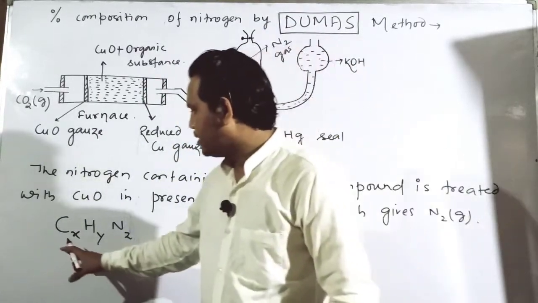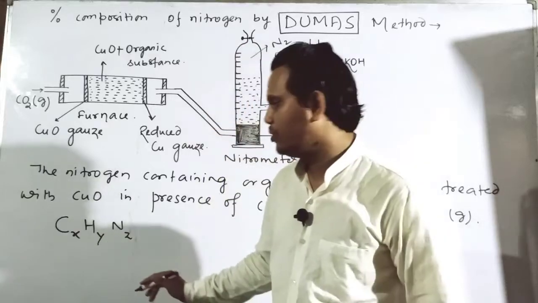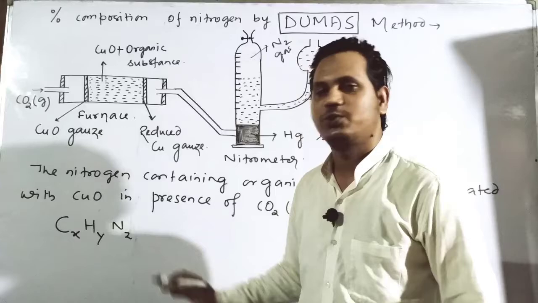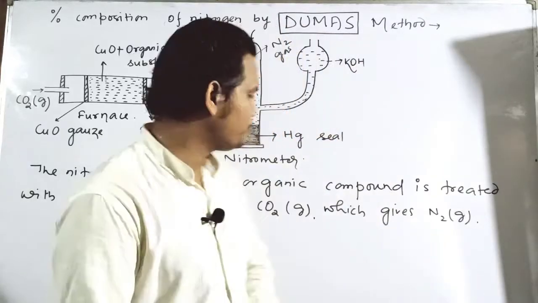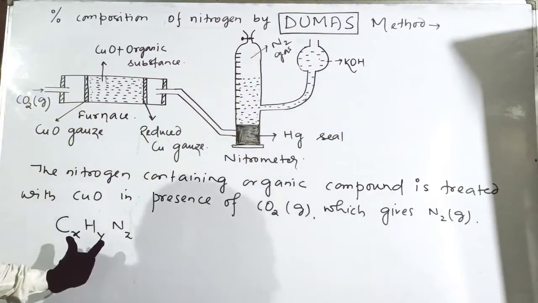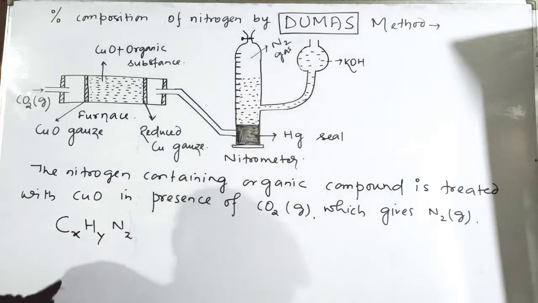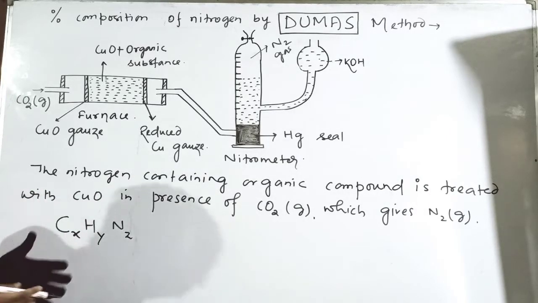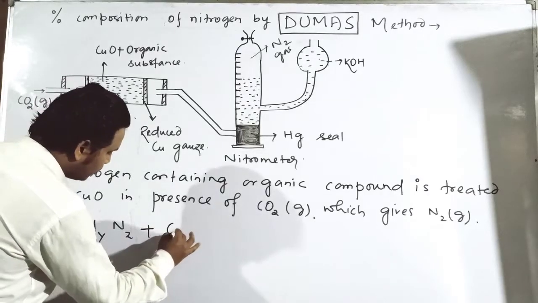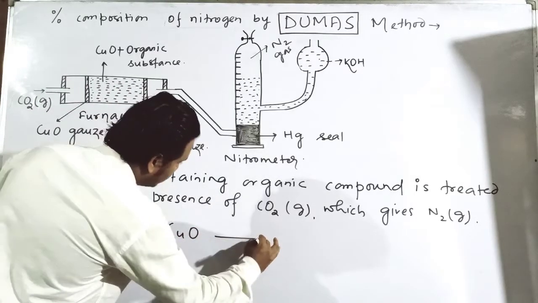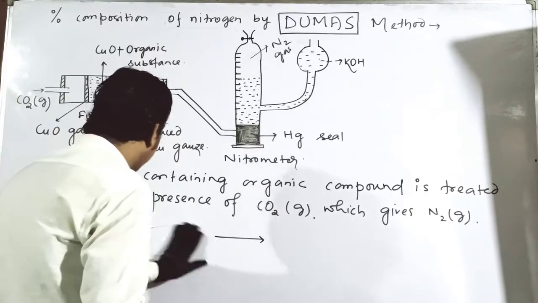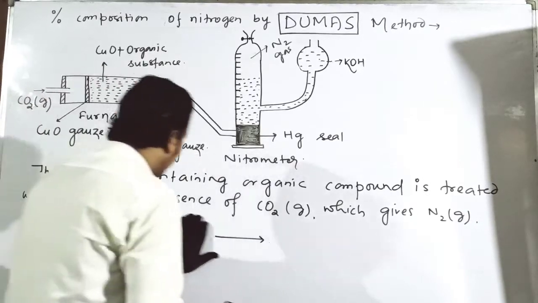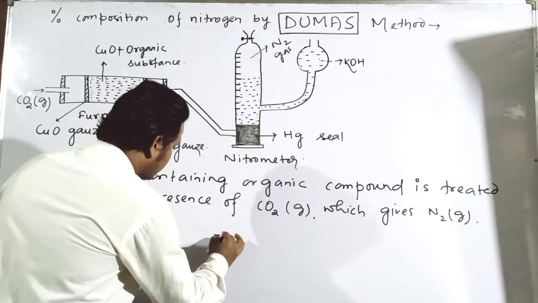So we write a general formula: carbon is X times, hydrogen is Y times, nitrogen is Z times, because the formula of this unknown compound is not given. Now the reaction of this compound is to be held with copper oxide. So with copper oxide, what will be the result?